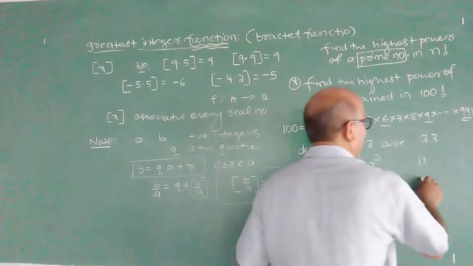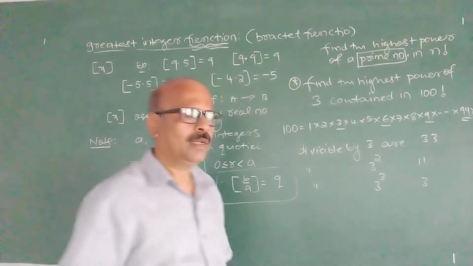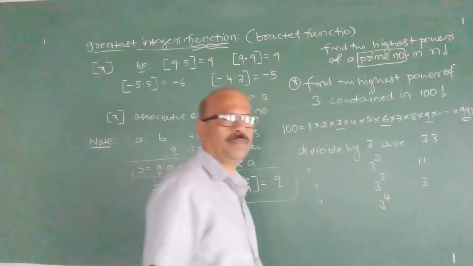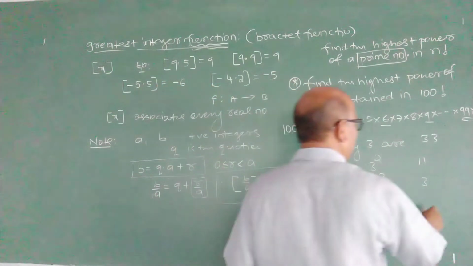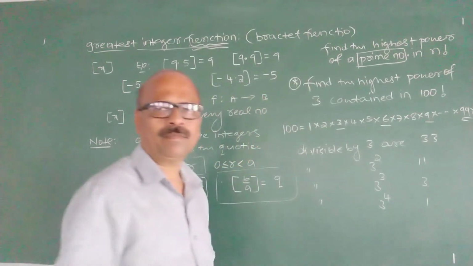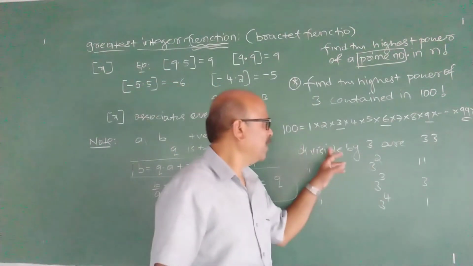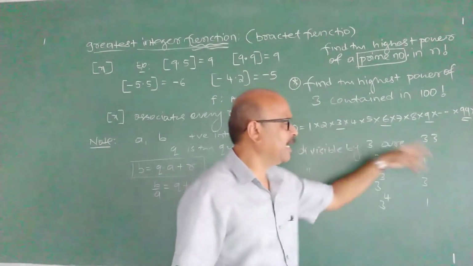How many? 3. Divisible by 3 raised to 4, which is 81: only 1.